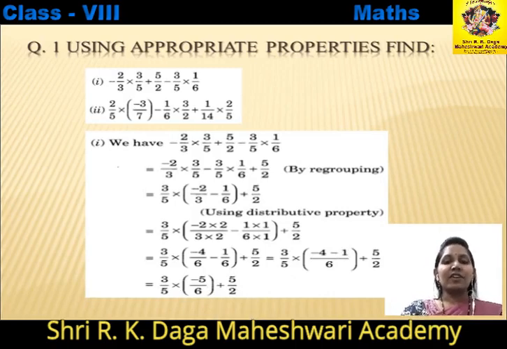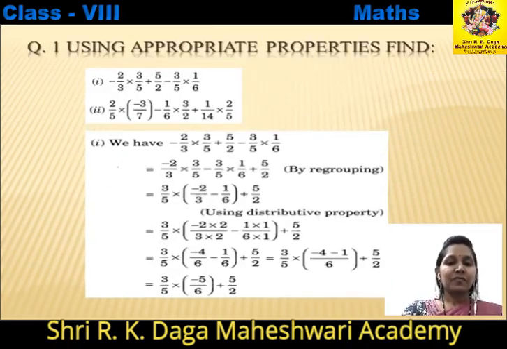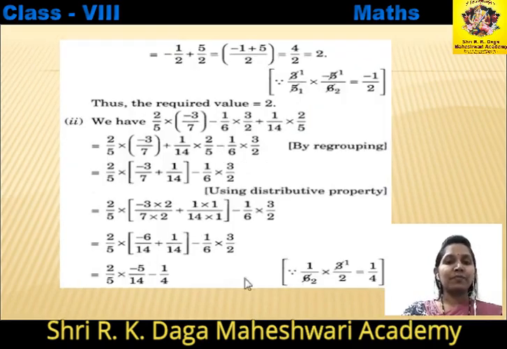When we solve this further, we will get minus 1 by 2 plus 5 by 2 because you can see 5 and 5 will cancel and 3 ones are 3, 3 twos are 6. So here we will get minus 1 by 2 plus 5 by 2.